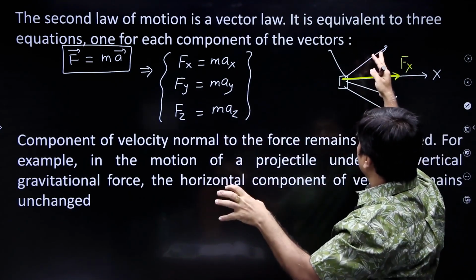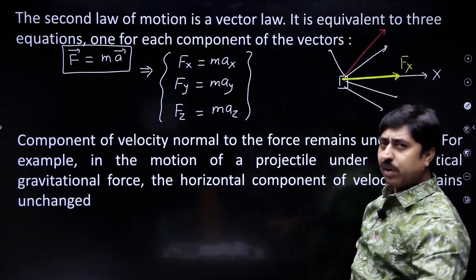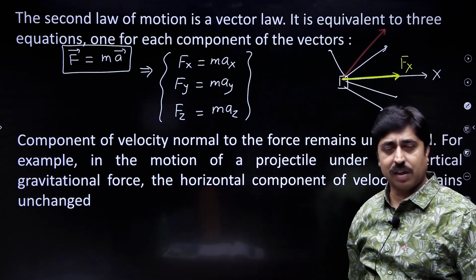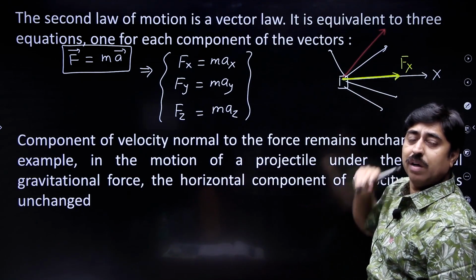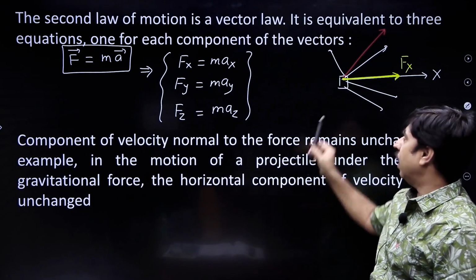Because of all these forces, the body may actually be accelerated in this direction. It may happen that body is accelerated in this direction, right? But we have to take x component of this acceleration.